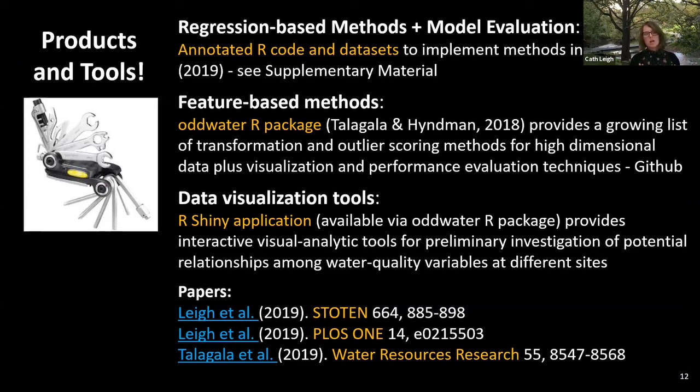We've got an R-Shiny application, which is really useful to visualize your data, particularly when you're going through that step of the process when you want to get familiar with the data and its characteristics. And there are links in the papers listed that were an outcome of that precursor project, where you can find much more detailed information.